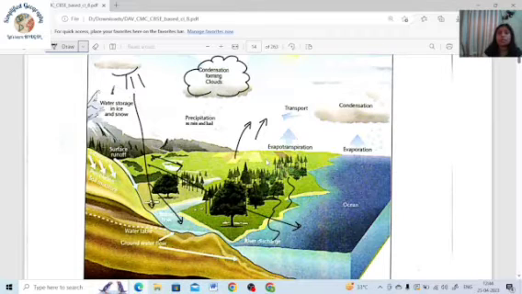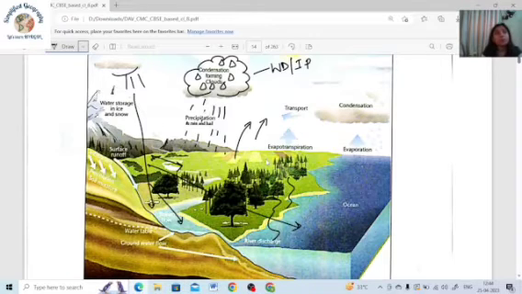Cloud is a nebula full of water droplets or ice particles. Now when the cloud is full of droplets and is unable to move or hold anymore, it starts raining, or we say it precipitates. Either it rains, drizzles, hails or snows, depending upon the climatic condition or weather phenomena of that particular area.